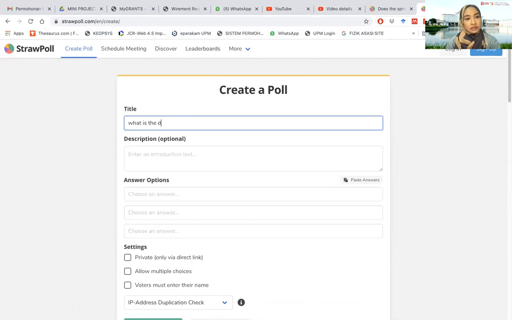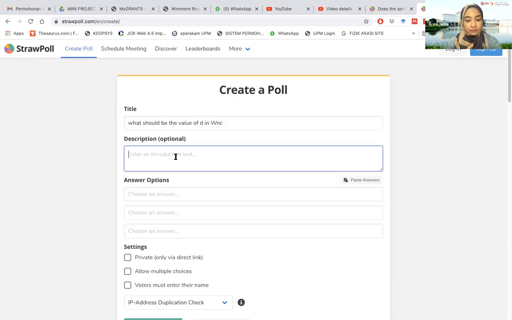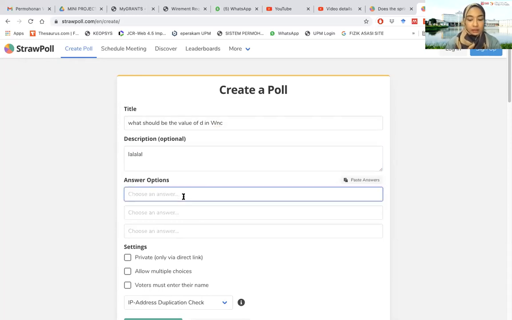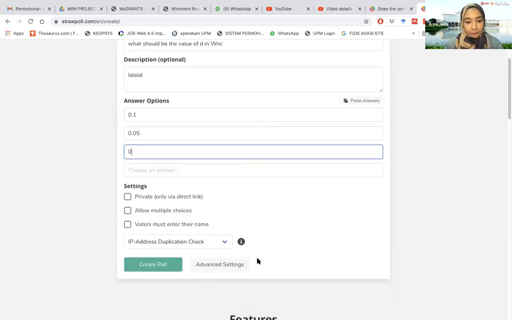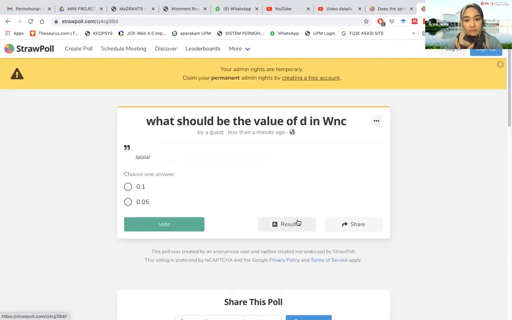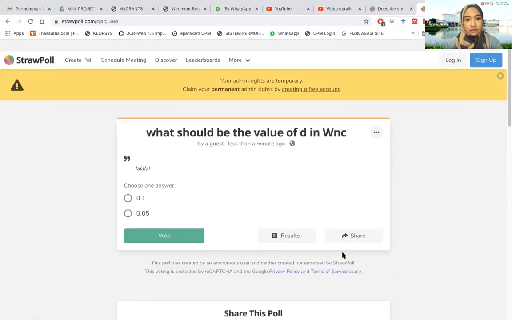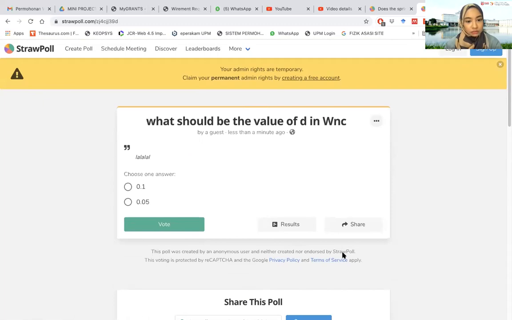What is the distance traveled? Sorry. What should be the value of D in W NC? Okay. 0.1, 0.05 meter or 0. Share. Kenapa tak ada 0 kat sini?